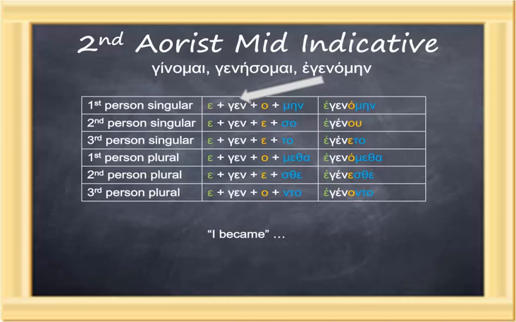Egenou, you singular, became. Egeneto, he, she, or it became, or it happened. It's often translated that way. Egenometha, we became. Egenesthe, you plural, became. Egenonto, they became, or they happened.